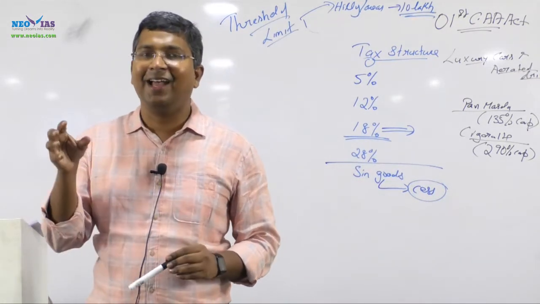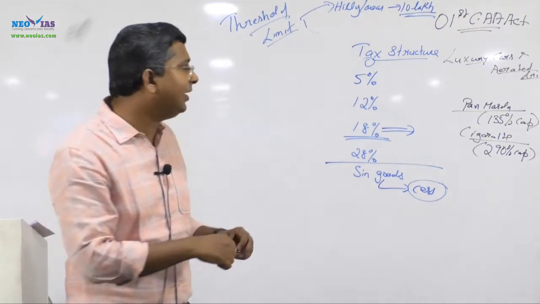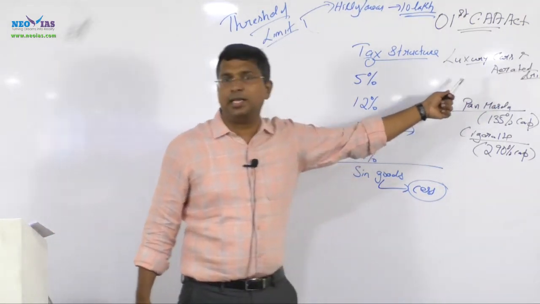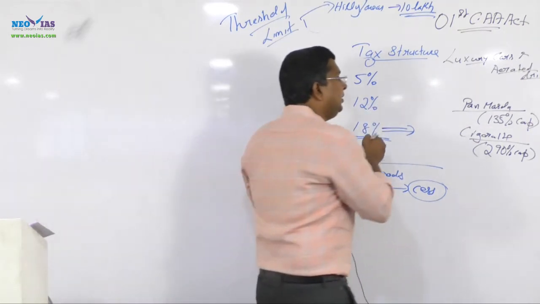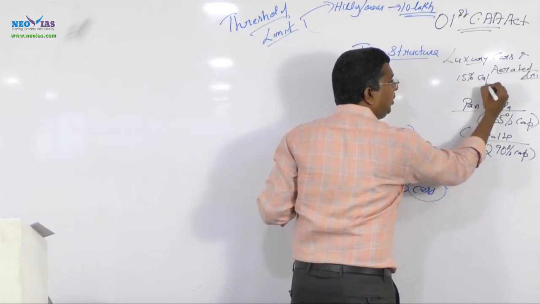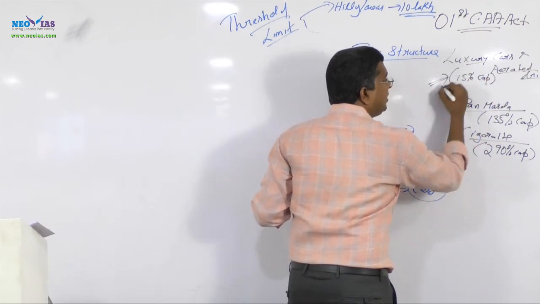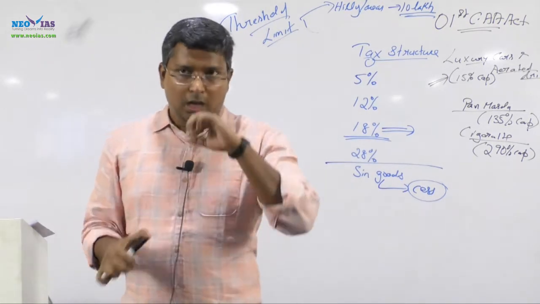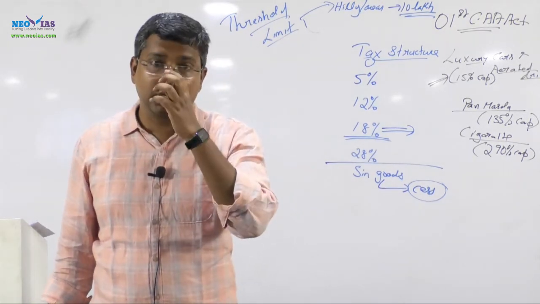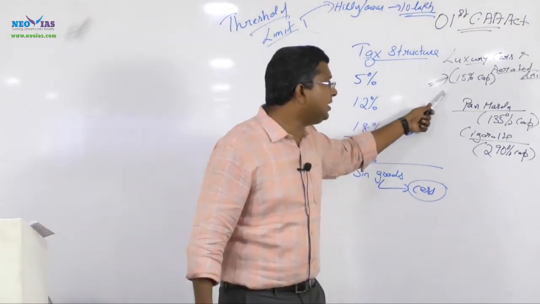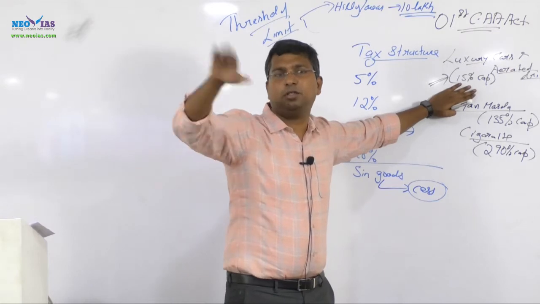Why? Because they have been put under demerit goods. So for luxury cars and aerated drinks, there is a cap. That's a small cap, unlike the others. This is very important. The GST Council has decided these cesses: for luxury cars and aerated drinks, the cess will be 15%, and it's a cap, maximum 15%, not beyond that.